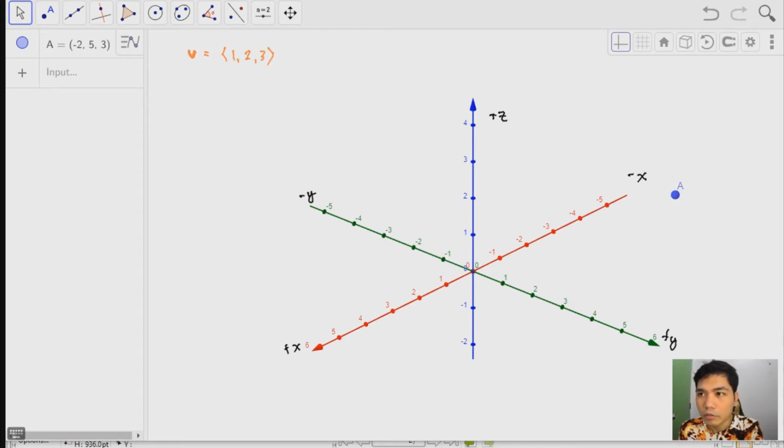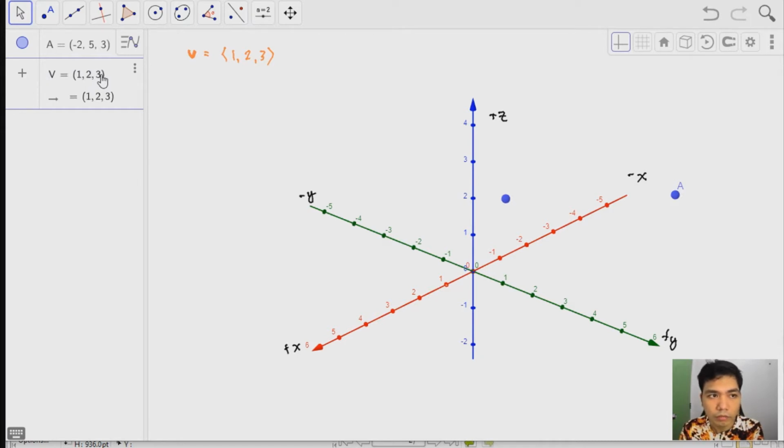If we want to plot that, remember you can just count: 1 unit, then 2 units in y, and then 3 units around here. So technically, from the origin of this xyz, you make a vector connecting the origin to that point. So technically, we can have v equal to 1, 2, 3.